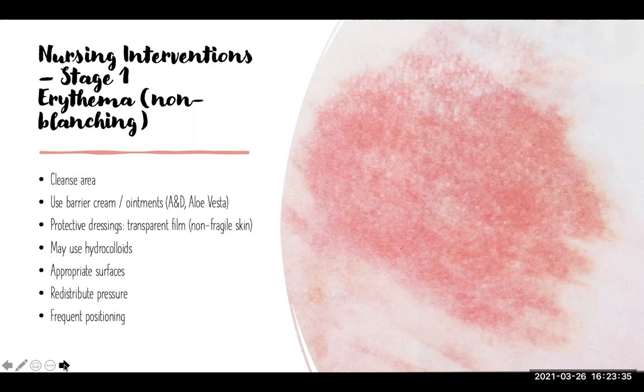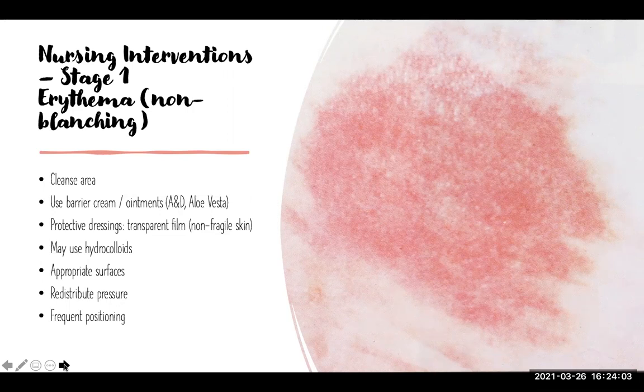So either one can be used. A hydrocolloid dressing that you've probably seen is like that spongy dressing that they may have put on a patient who had a wound, or they may be protecting a bony prominence by applying a hydrocolloid dressing to it. So you want to protect the surface. And then you want to make sure you have the best surface for your patient to be on.